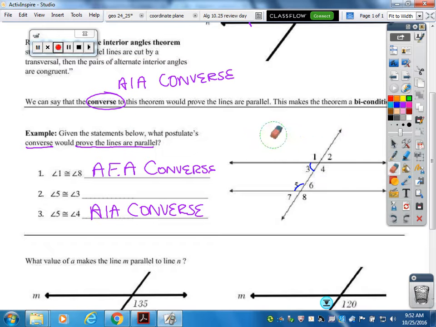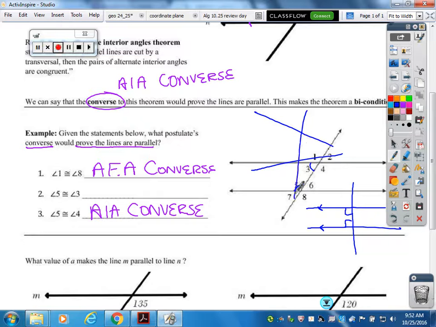are supplementary. So if they're supplementary, then we don't necessarily know if the lines are parallel unless they happen to be 90 degrees. For example, if the transversal is like this and they're both 90 degrees, then yeah, the lines must be parallel. But if they're congruent and they're not 90 degrees, for example, let's say they're both something like this, where maybe they're both 100 degrees, I've still satisfied the fact that angle 5 and 3 are congruent, but the lines are clearly not parallel.